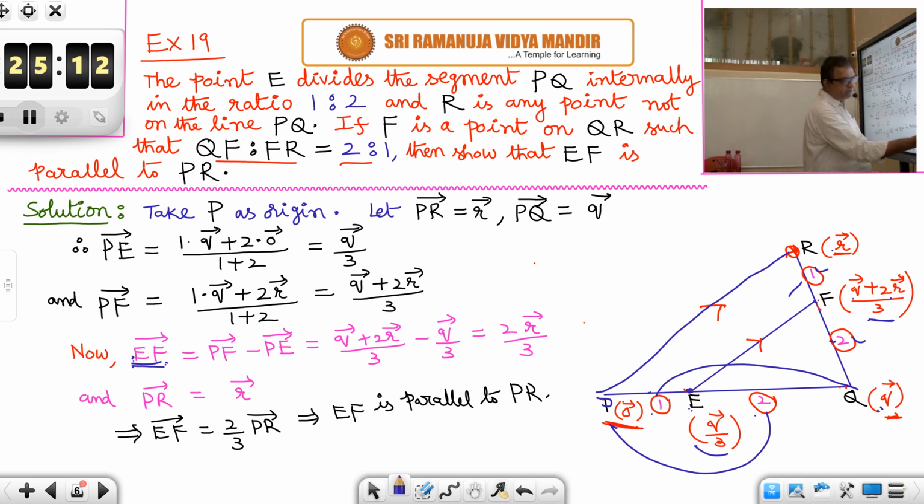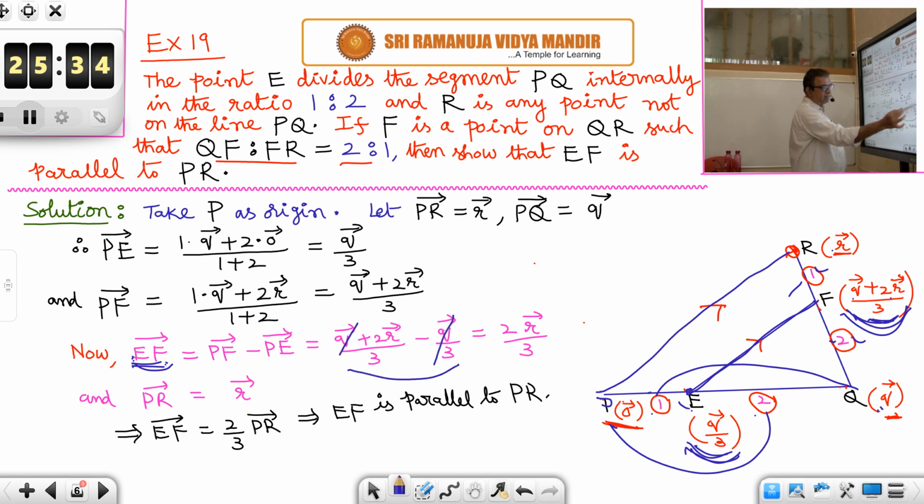So simply in the diagram you see EF bar. Terminal point, what is there? This vector is there. Minus initial point, what is there? This vector is there. So this vector minus this vector. That's all. Terminal point minus initial point. That is EF bar. So EF bar is equal to Q plus 2R by 3 minus Q by 3. So here Q by 3 gets cancelled. You will get simply 2R by 3.